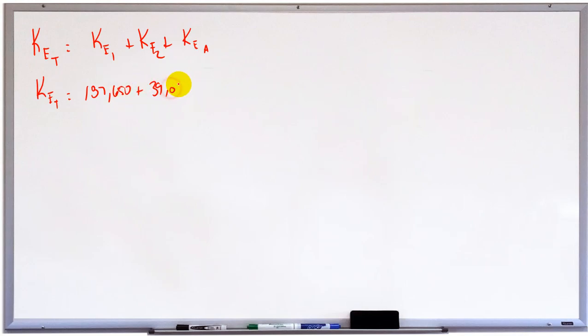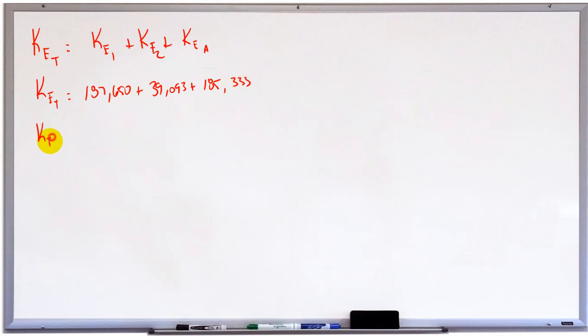All right, so I'm just going to say kinetic energy total is equal to kinetic energy 1 plus kinetic energy 2 plus kinetic energy at airborne. So we're at 187,650 plus 39,093 plus 185,333.